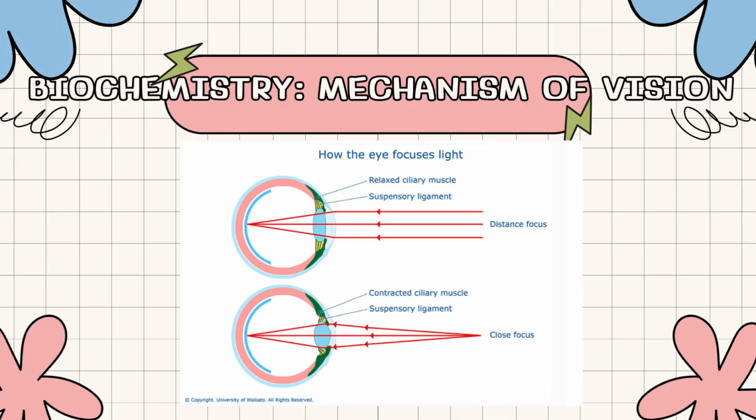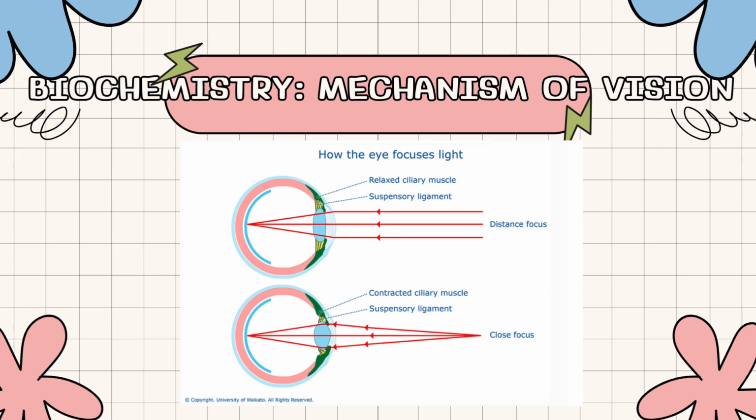Generally, the light travels from the cornea to the pupil to the lens and lastly to the retina. It involves the bending and refracting of the light on the lens depending on the intensity of light. The ciliary muscle will either contract or relax to adjust the shape of the lens. The pupil will also constrict or dilate with the help of the sphincter muscle or dilator muscle depending on the intensity of the light.